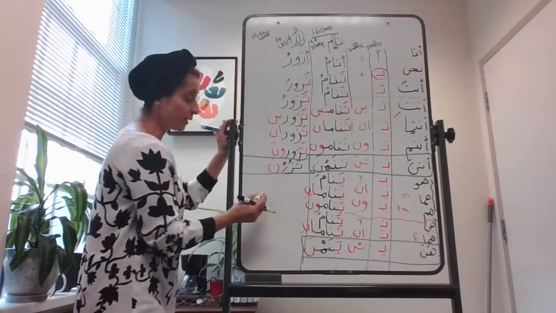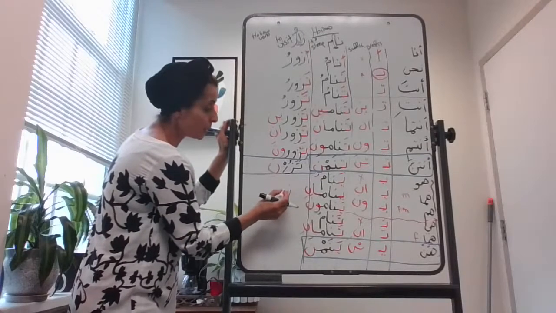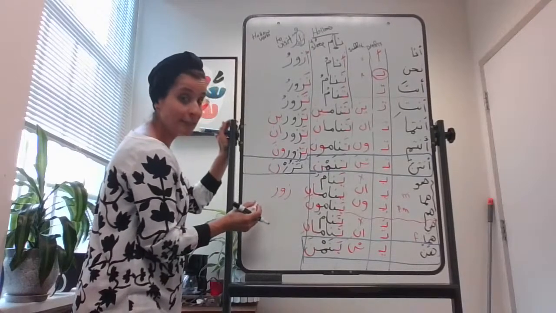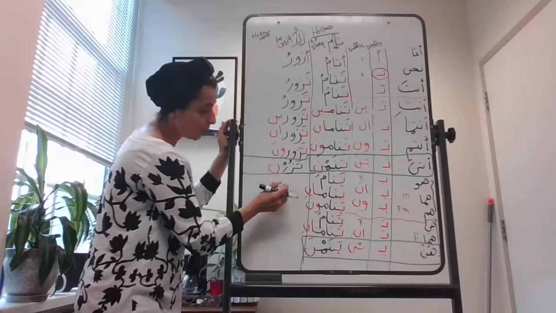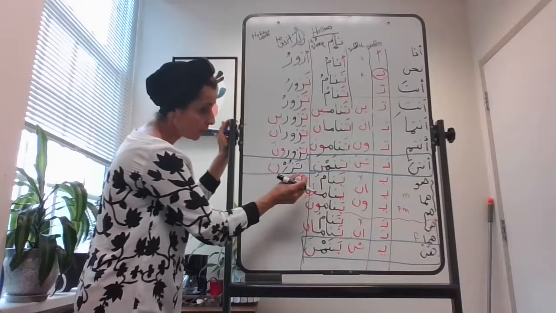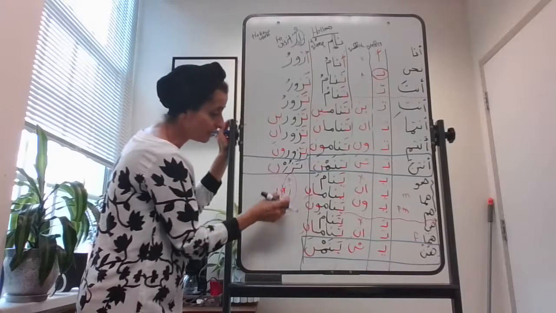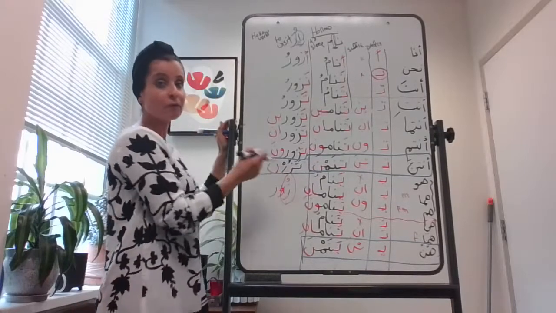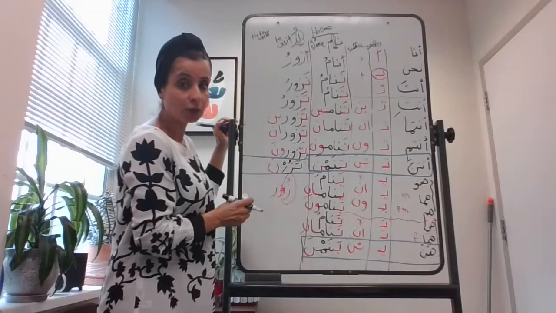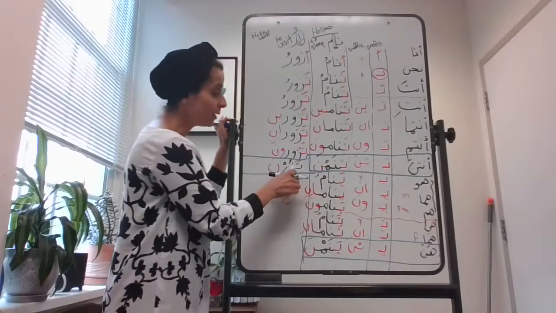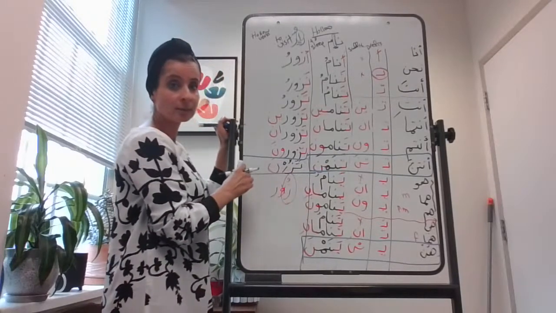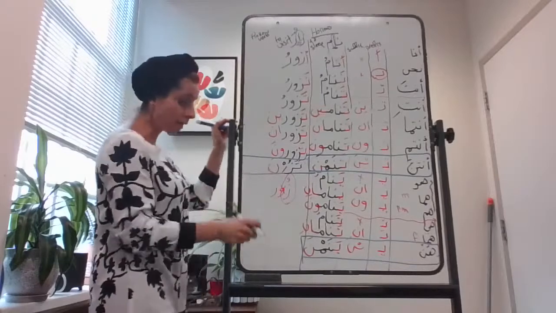What do I mean by that? In the verb zawara, we deleted the waw with antunna, but we also added a dhamma on the zai to refer to the deleted long vowel. So antunna tazurna.